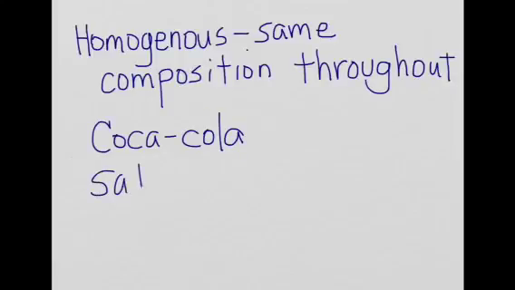And one that you might not think of as being a mixture at all is the compound steel. Steel is a mixture of iron and carbon. The iron gives it strength and the carbon helps it to stay rigid. And so steel must be the same composition throughout in order for it to fulfill its design.